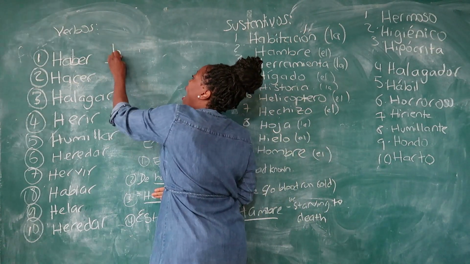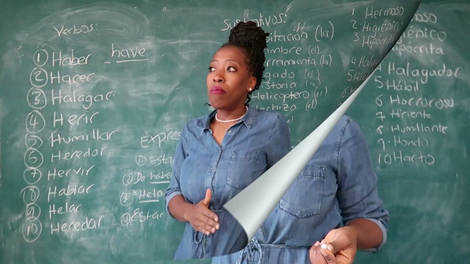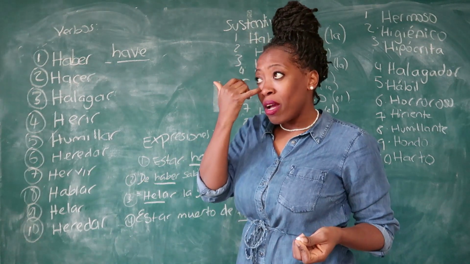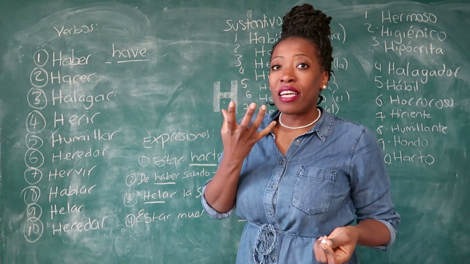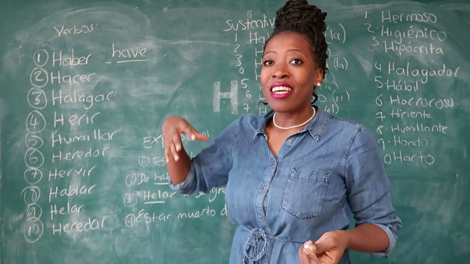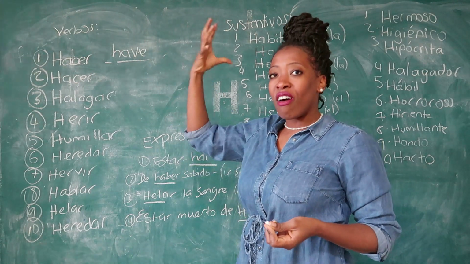Now, haber means to have. We also, you might have seen it in the form where it means there are or there is, where we introduce it as hay. Hay muchas tiendas. Hay meaning there is or there are.